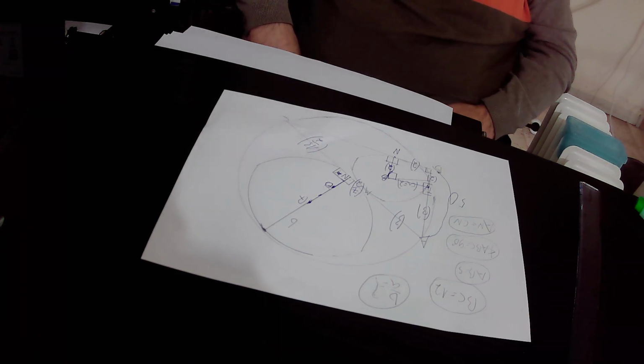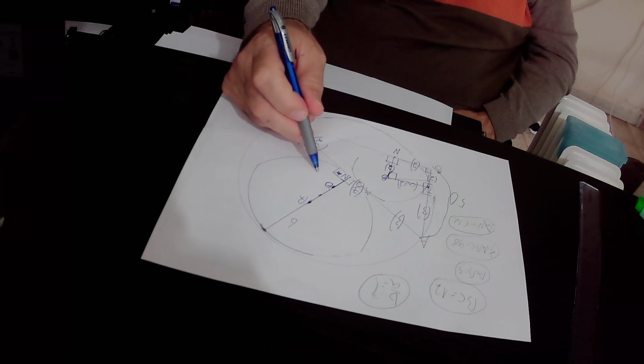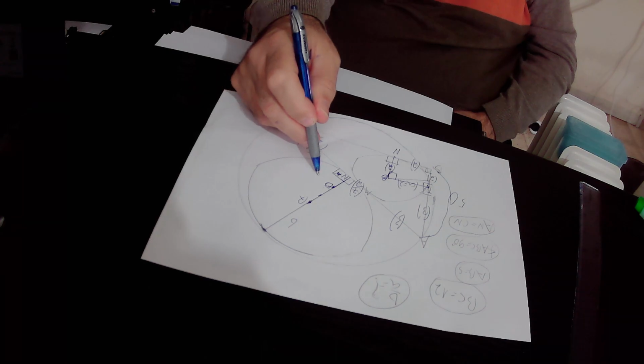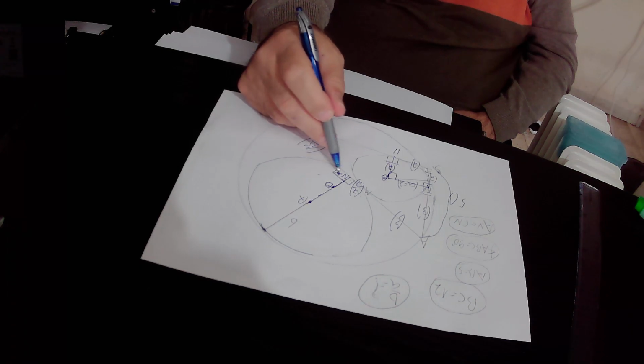Why? Because if point O doesn't lie on QN, for example, if point O lies here, not on QN, then if we join the two points N and this point together, this angle will never be equal to 90 degrees.